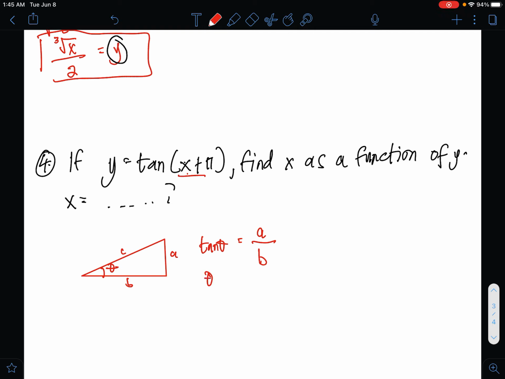So, therefore, theta is equal to arctan of A over B. So, kani po siya diri guys, kaning tan x plus pi, mahimo po na siya og x plus pi equals arctan.